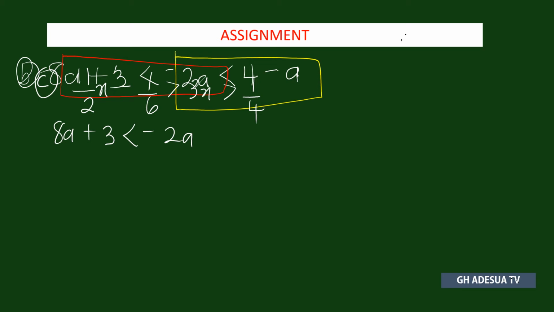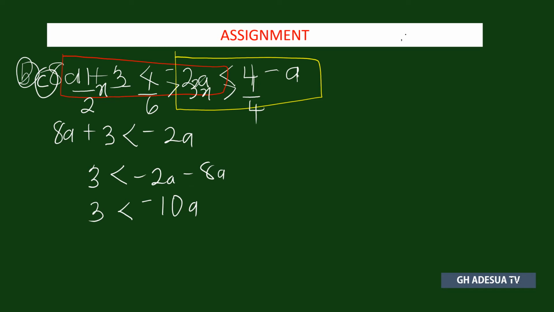Now, just like we did for the earlier one, this one would want the letters to be on the right hand side so that to be in the middle. So you have 8a moving to the right hand side, so 3 left here, minus 2a minus 8a. So minus 2a minus 8a is minus 10a, and that's 3.